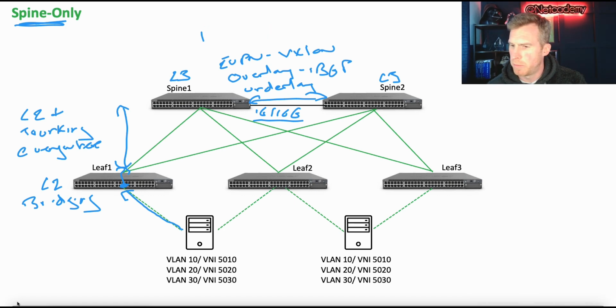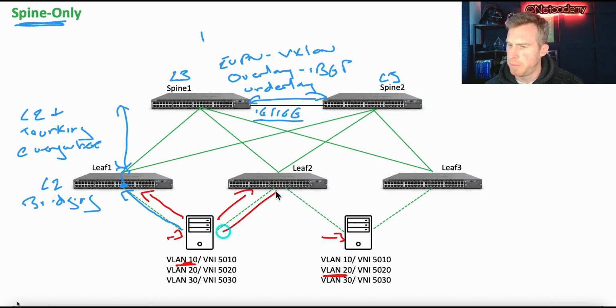So let's use an example. Say this server here wants to access a particular application, a particular resource, which is on this server here. So say it's going from VLAN 10, just for example, over to VLAN 20. And as we know, the server can load balance traffic up to leaf 1 or leaf 2 because it's got 2 connections.